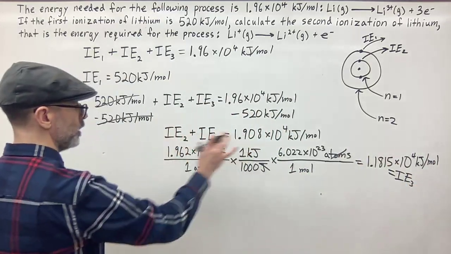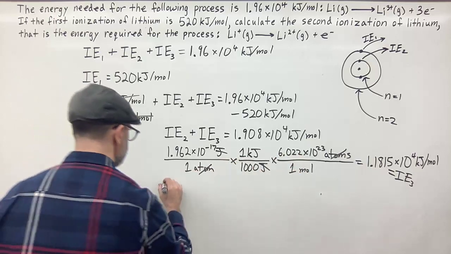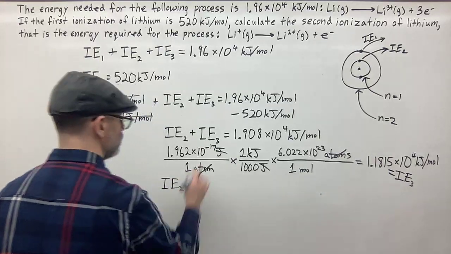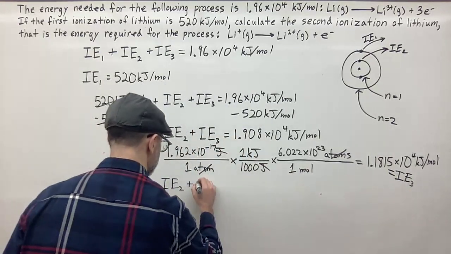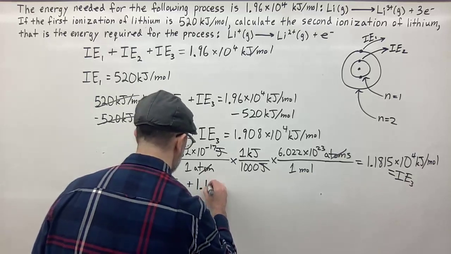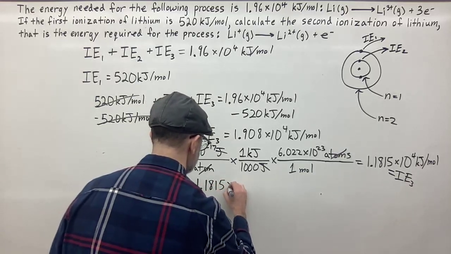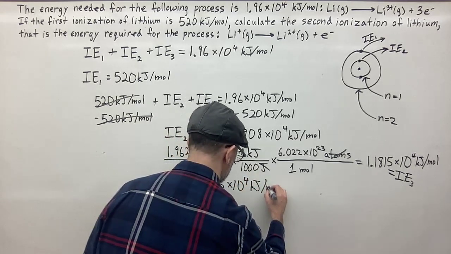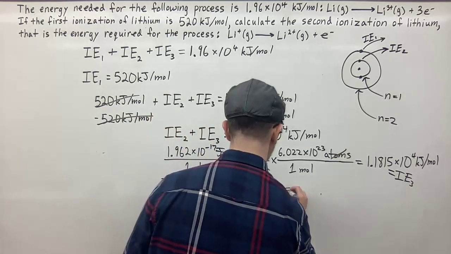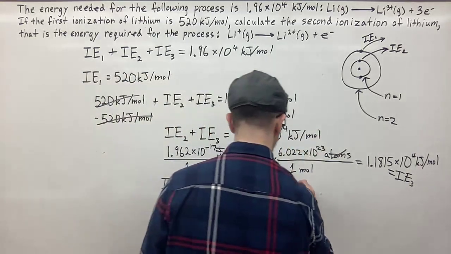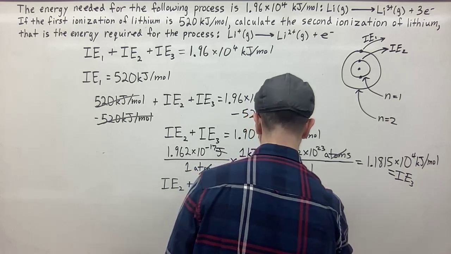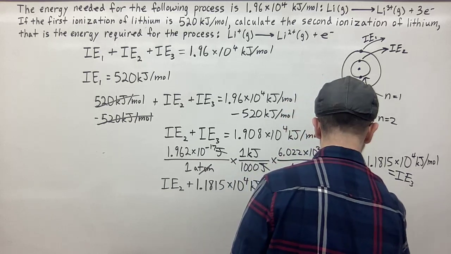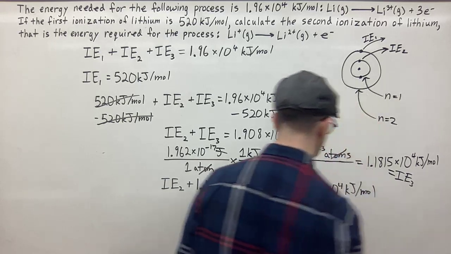So now all I have to do is plug in the third ionization energy here. So that means IE2, the second ionization energy, plus the third, which is this, I'm going to put in 1.1815 times 10 to the 4th kilojoules per mole. That's going to be equal to this here, 1.908 times 10 to the 4th kilojoules per mole.